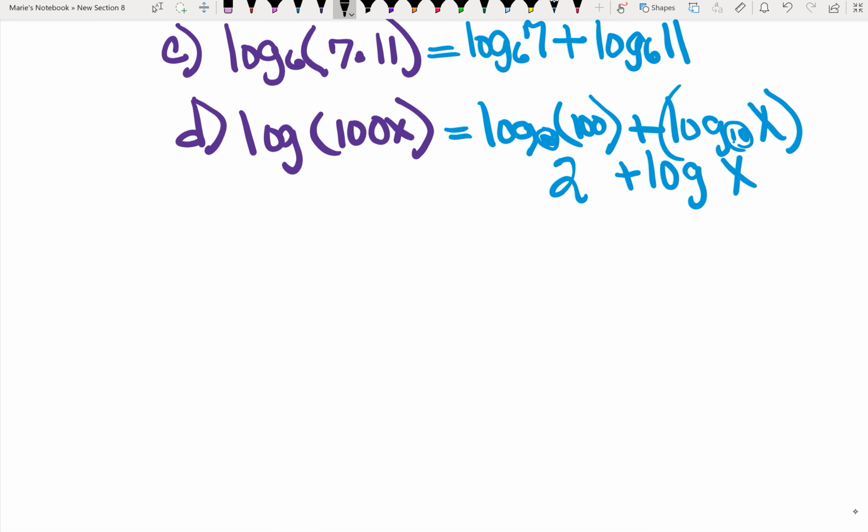Let's now look at example 2. In example 2, we're talking about the quotient rule.